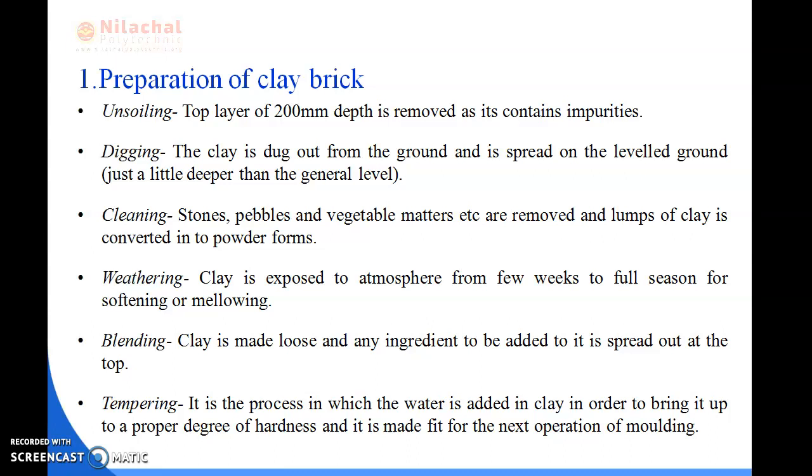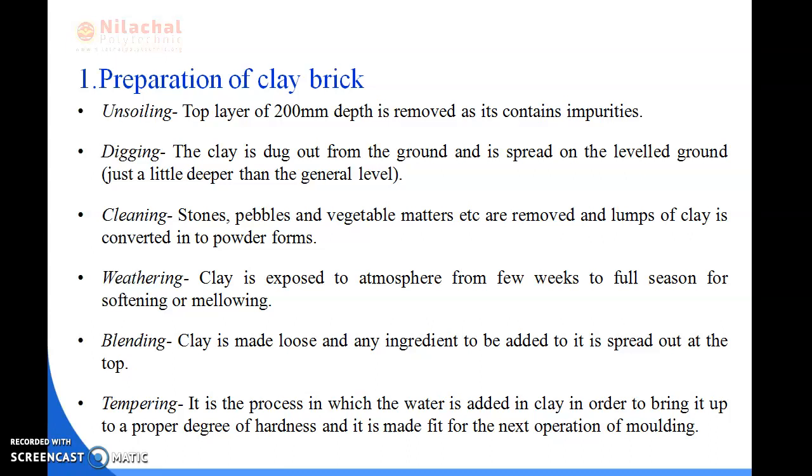Some quantity of water is added to get a proper degree of hardness, and it is made fit for the next operation, that is molding.